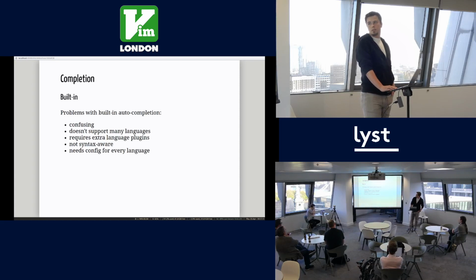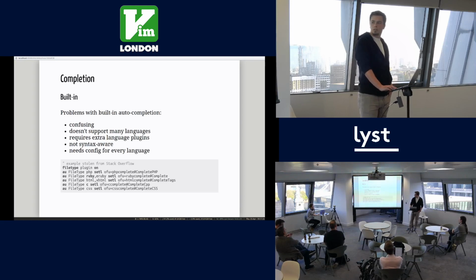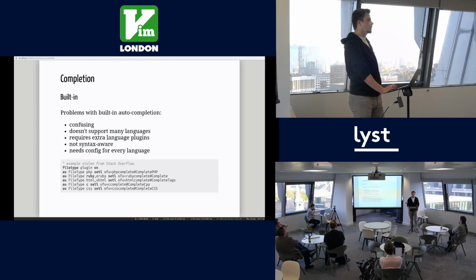It requires extra language plugins to support those other languages. It's not syntax aware, so for languages like Python, you also need extra plugins to have support for that. And it needs config for every language to enable omni-completion. This is something I found on Stack Overflow, and at some point I had that in my vimrc.